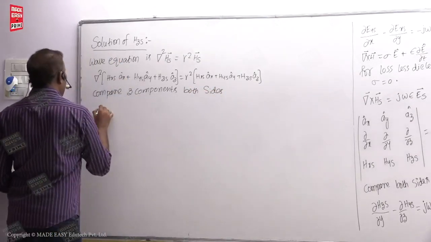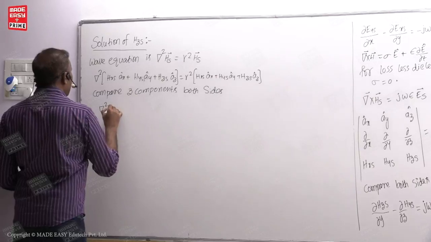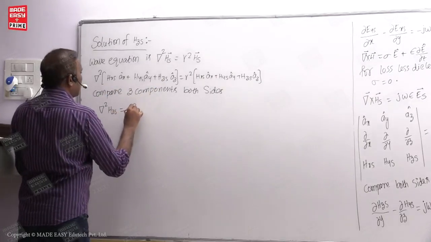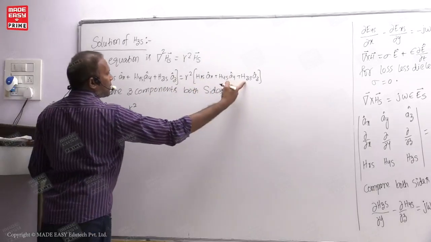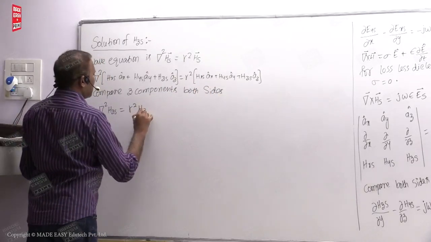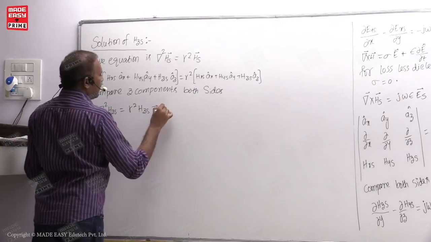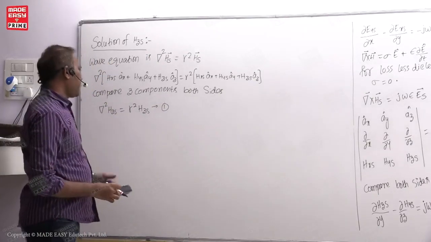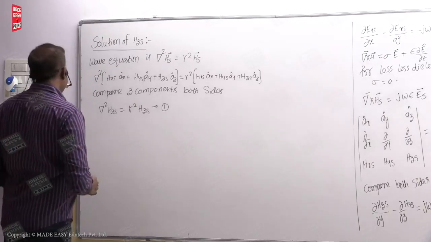Now what will happen, student? Del square Hzs is equal to gamma square Hzs. So that is the Z component. I am calling this equation number 1. This is fresh derivation.